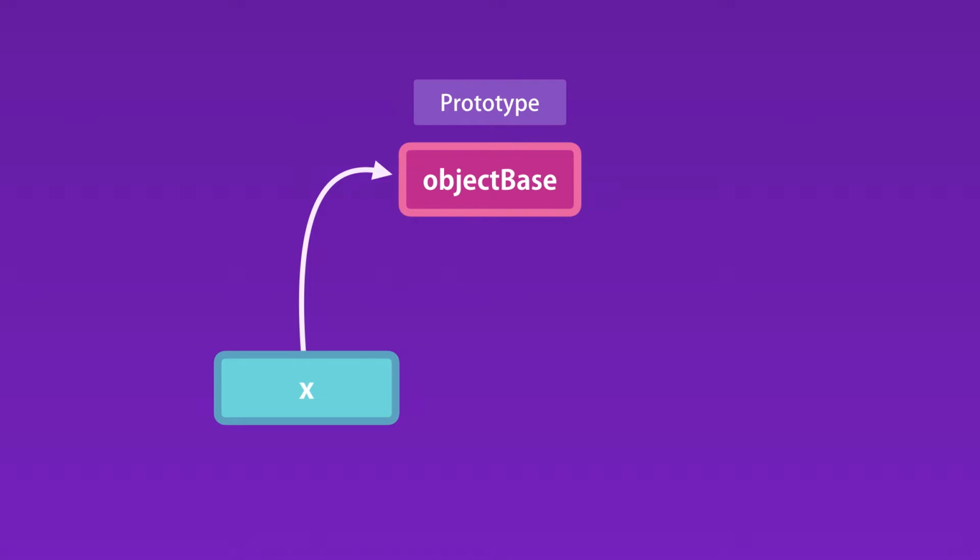For our discussion, let's call this object objectBase. It's not an official term. You're not going to find it anywhere. It's just a name I'm going to give it for our discussion. So every object that we create in JavaScript directly or indirectly inherits from objectBase. objectBase is the root of all objects in JavaScript, and it doesn't have a prototype or parent.